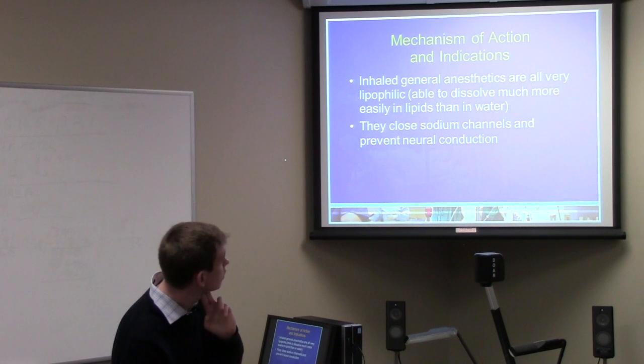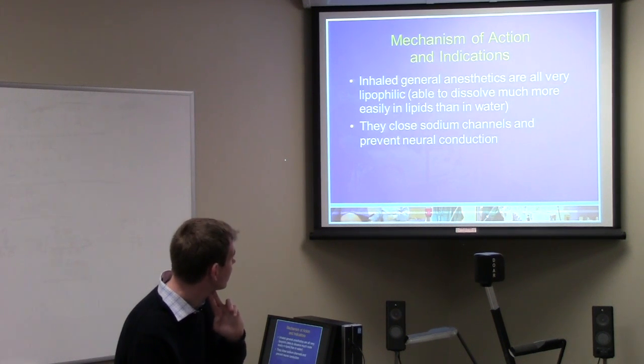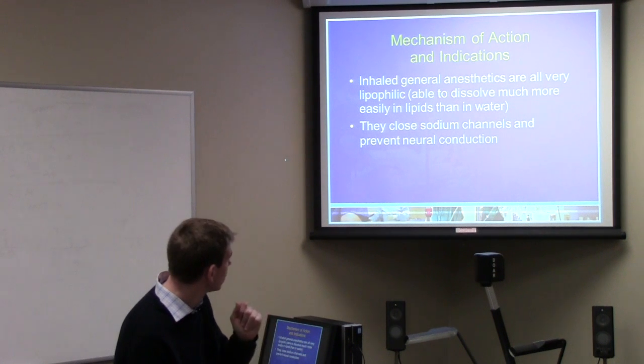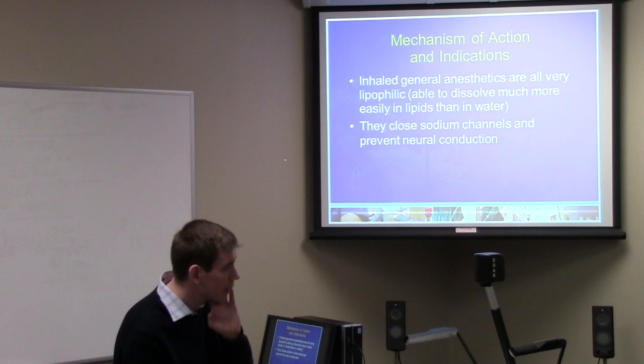Very important. Both bullet points, but to summarize this one, it's just fat soluble. To summarize this one, it's just blocking the sodium channels.